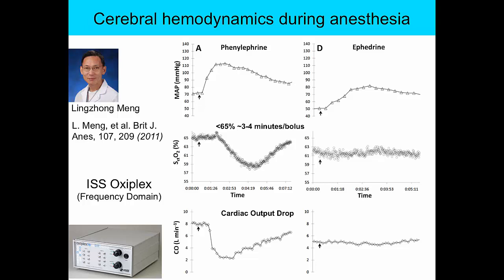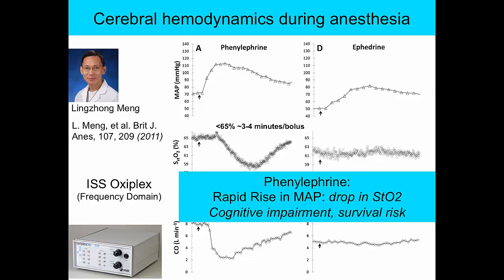But in the case of phenylephrine, you actually see a drop with every injection of this bolus in brain tissue oxygenation. This is taken from prefrontal cortex, whereas in the ephedrine, there's no change. And the implication of this is that with the phenylephrine, you actually see a rapid rise in the mean arterial pressure.